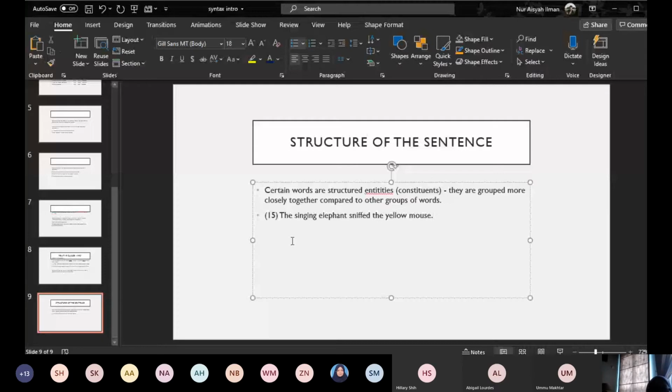Take about 5 minutes. So copy down the sentence. The singing elephant sniffed the yellow mouse.